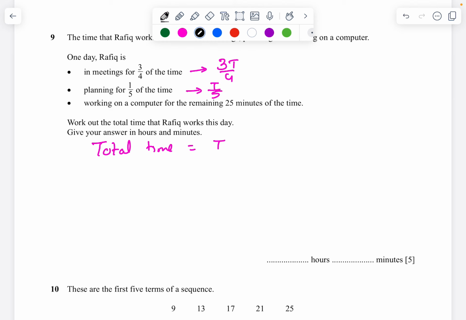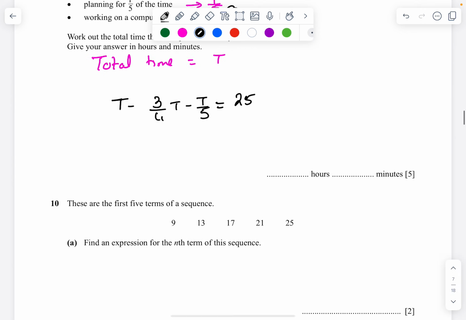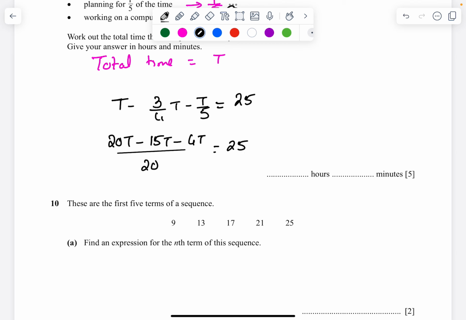So T minus 3T upon 4 minus T upon 5 equals 25 minutes. This is 25 minutes. So I'm going to find the value of T. So the common denominator is 20. 20T minus 15T minus 4T equals 25.